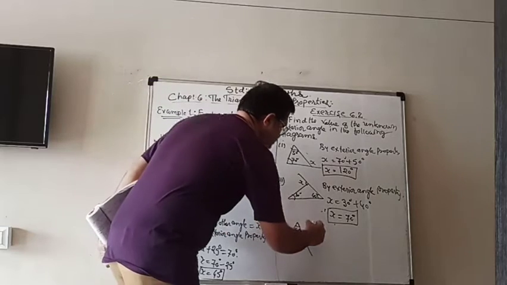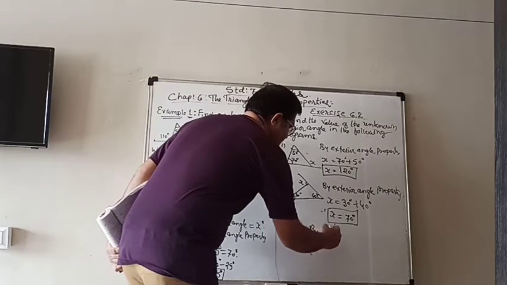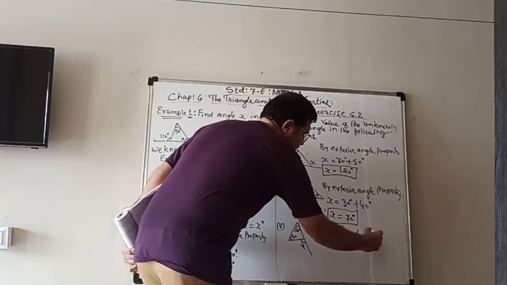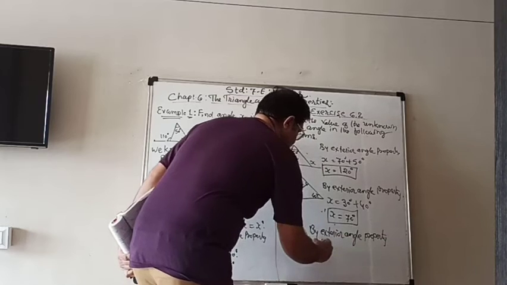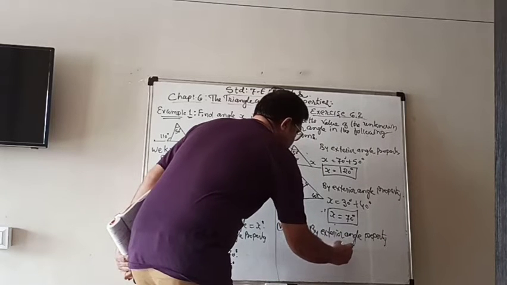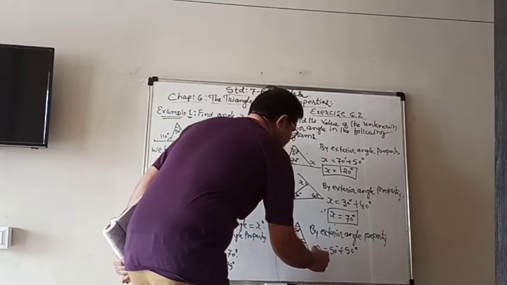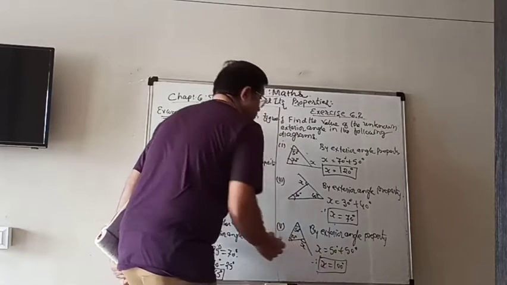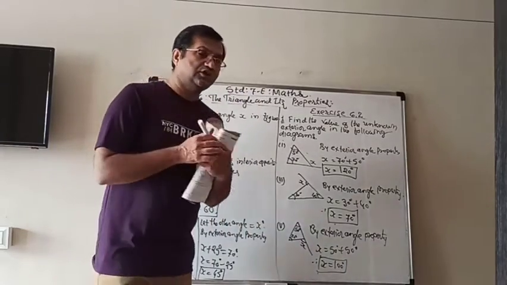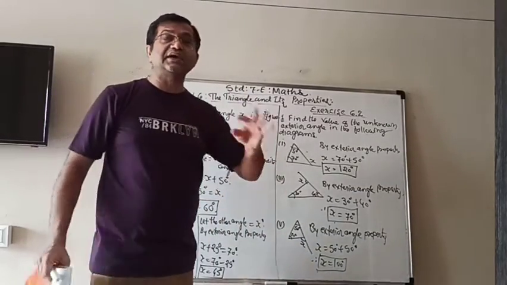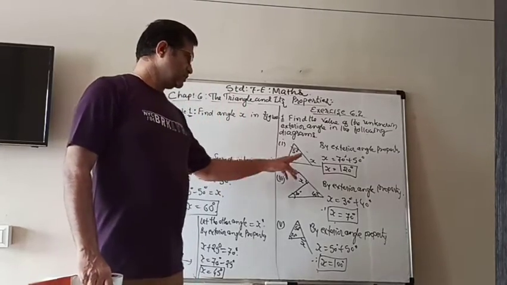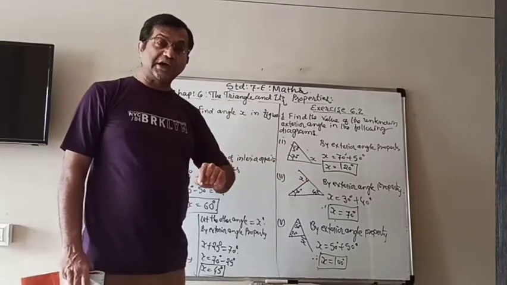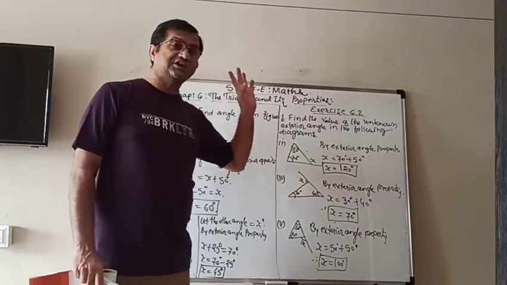So now, same here also, by exterior angle property, x is equal to 50 degree plus 50 degree. Therefore, x is equal to 100 degree. So here, as I told you, if you know the exterior angle property, that the measure of exterior angle is equal to sum of its interior opposite angles, it is easy.